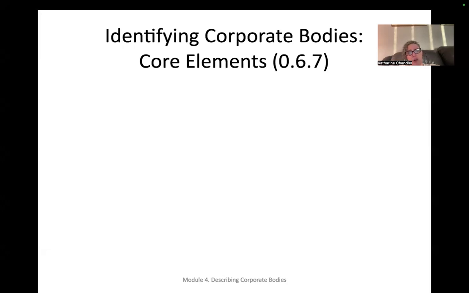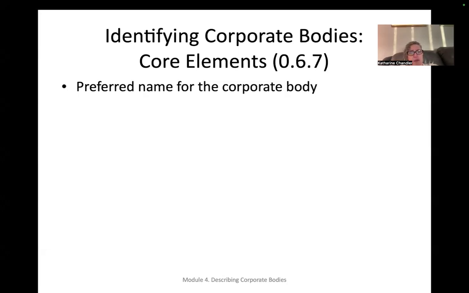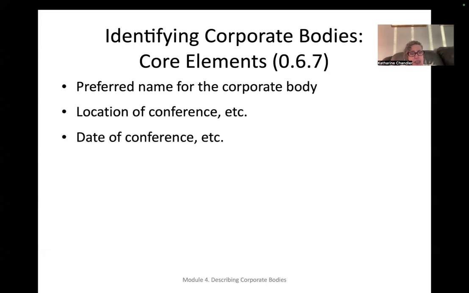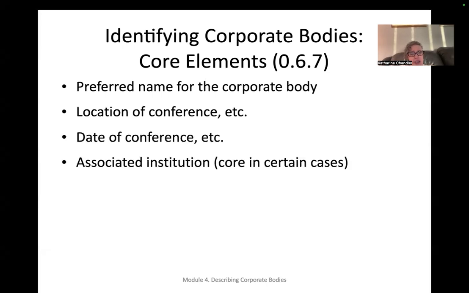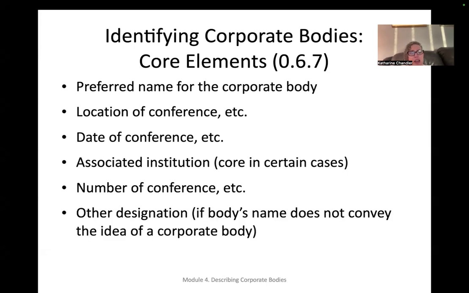Identifying corporate body's core elements: preferred name for the corporate body, location of conference, etc., date of conference, etc., associated institution (core in certain cases), number of conference, etc., other designation if body's name does not convey the idea of a corporate body, and identifier.